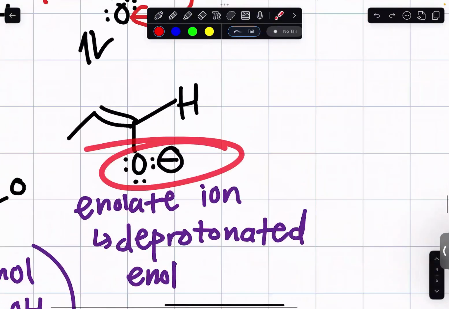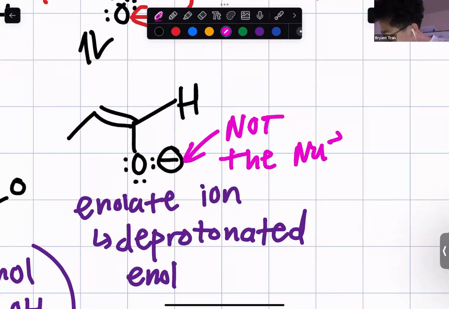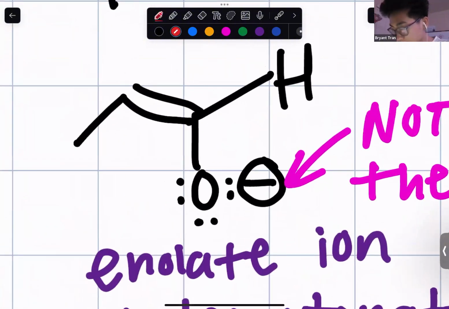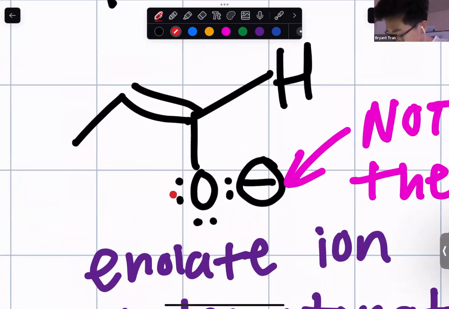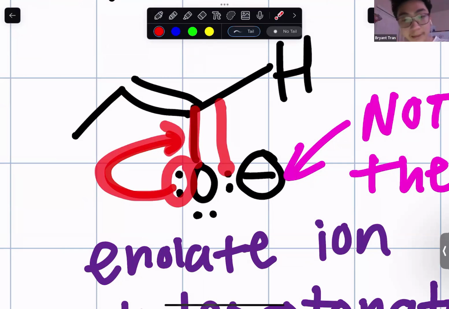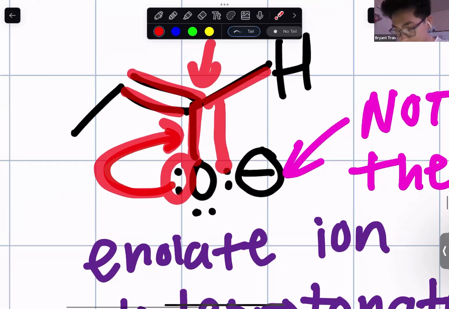Now, this O minus here, the oxygen is not the nucleophile or base. I'm going to draw the resonance structure to make it clearer. We could push one of the pairs of electrons on oxygen to make a double bond right here, reforming the carbonyl, carbon double bond oxygen. But that's going to break the octet rule again for this carbon, because it's going to have 5 bonds.